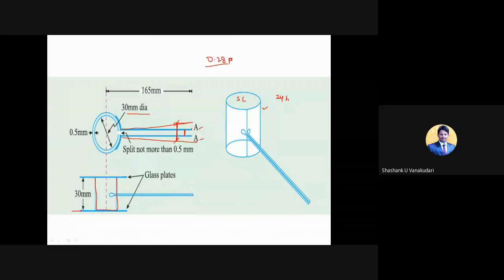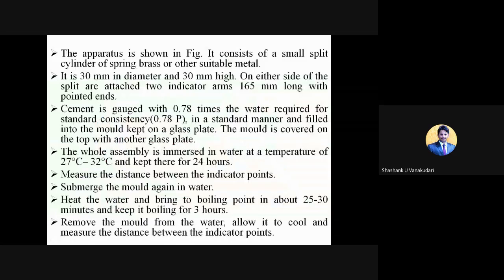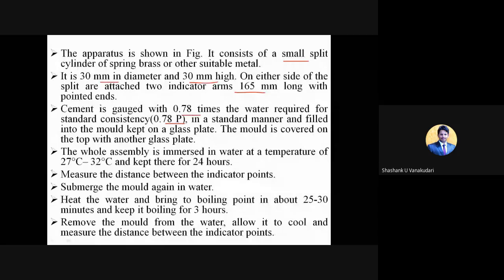The same procedure is explained here. It consists of small splits, with the height and diameter dimensions and 165 mm length of the indicators, using water quantity of 0.78 times P. The test should be conducted at a temperature of 27 degrees Celsius to 32 for 24 hours, and then measure the distance between the indicator points.